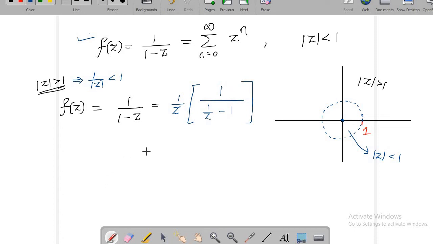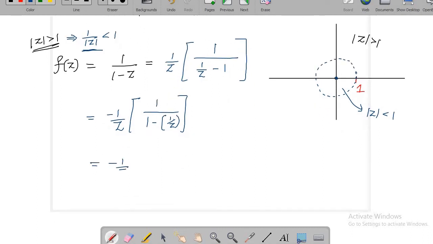Now let me take negative common. So negative 1 by z, then I have 1 by 1 minus of 1 by z. Now it is in the form 1 by 1 minus x, where absolute value of x is less than 1. From this I can say the absolute value of 1 by z is less than 1. It means now I can apply this expansion.